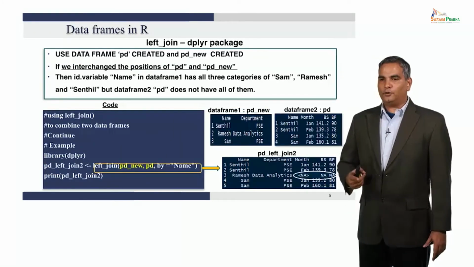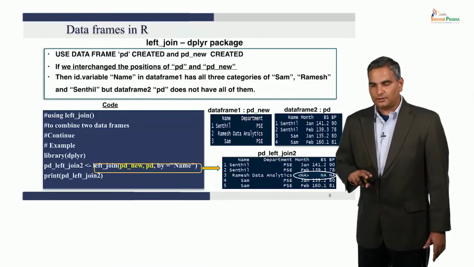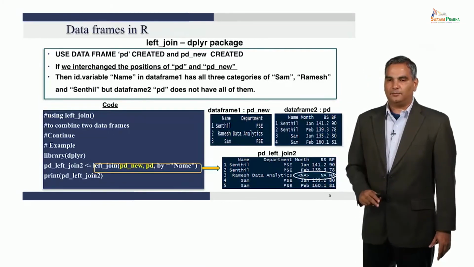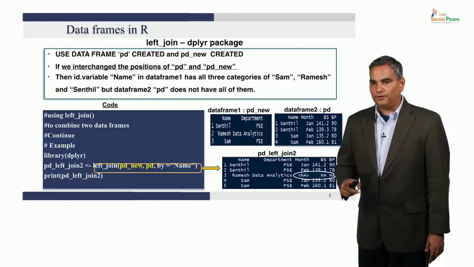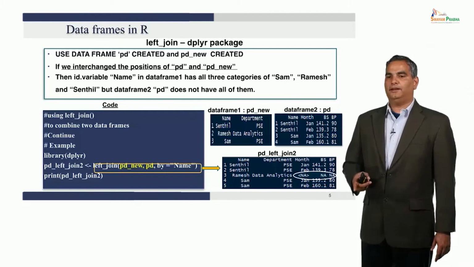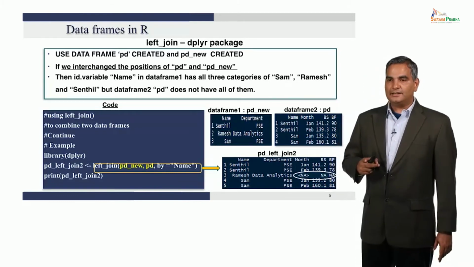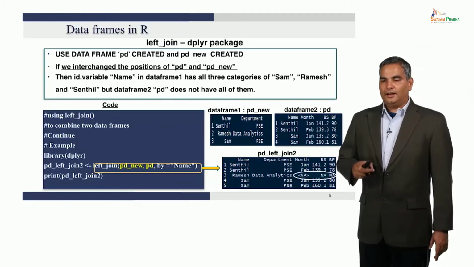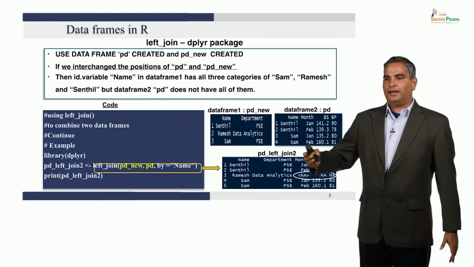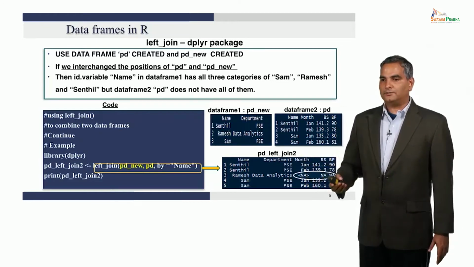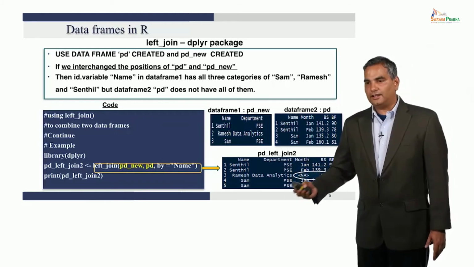Now, an interesting question would be, if I were to change the order in which I am joining this, and instead of doing PD and PD new, I were to do PD new and PD. Since PD new is the reference, and Senthil, Sam, and Ramesh are there, I should still retain Ramesh because that has become the reference, but I have no information for Ramesh in terms of month, blood sugar, and blood pressure in the other data frame.